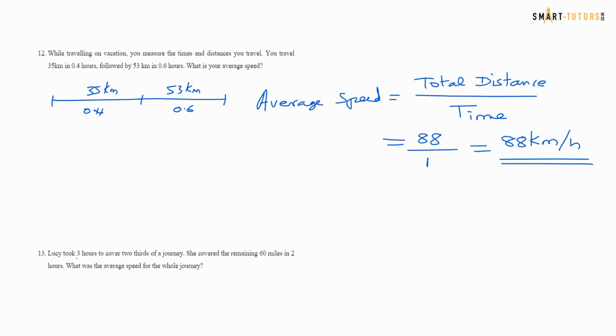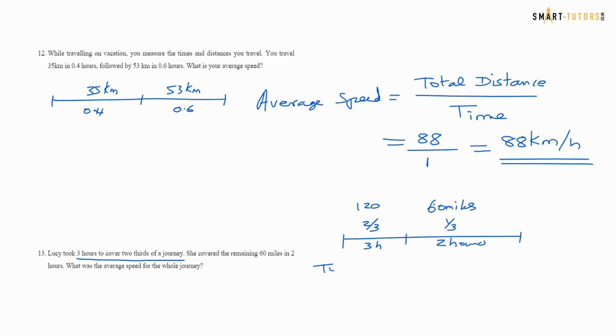Lucy took 3 hours to cover 2/3 of her journey. So this is the journey. Lucy took 3 hours to cover 2/3 of her journey. She covered the remaining 60 miles in 2 hours. So remaining means 1/3. So 1/3 is 60, which means 2/3 is 120.